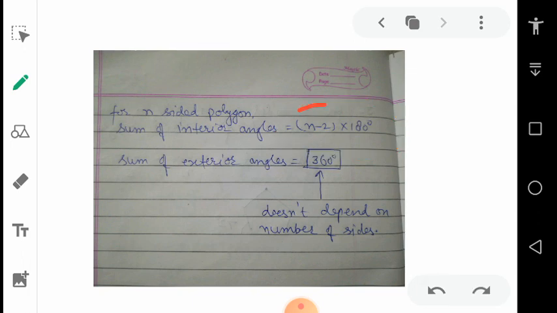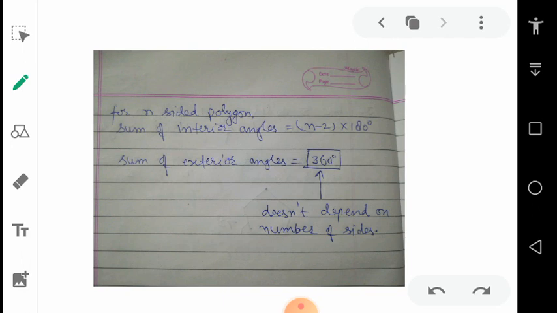So the sum of interior angles is (n minus 2) times 180, but the sum of exterior angles is always 360, that is constant, so it is easy to remember. It doesn't depend on the number of sides. As you can see n is not there, that's why it is independent of the number of sides. It is always 360 degrees. Suppose you have drawn a polygon of 10 sides, even 20 sides, and for 100 sides it will be constant, that is 360 degrees.